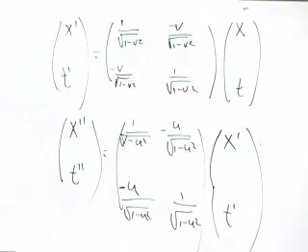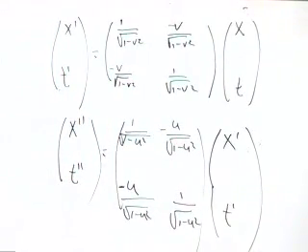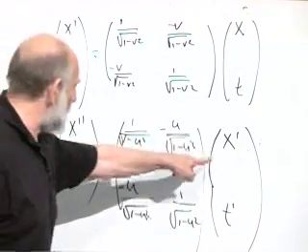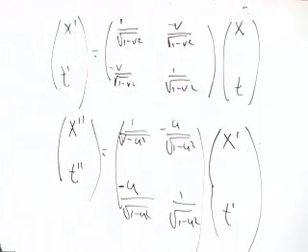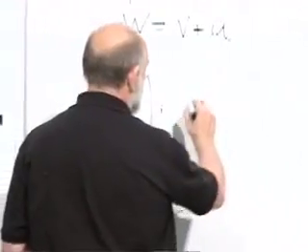What is the transformation which takes you to him? All we have to do is plug in for x prime here this matrix times xt. And so we see that x double prime, t double prime is equal to the product of the two matrices.